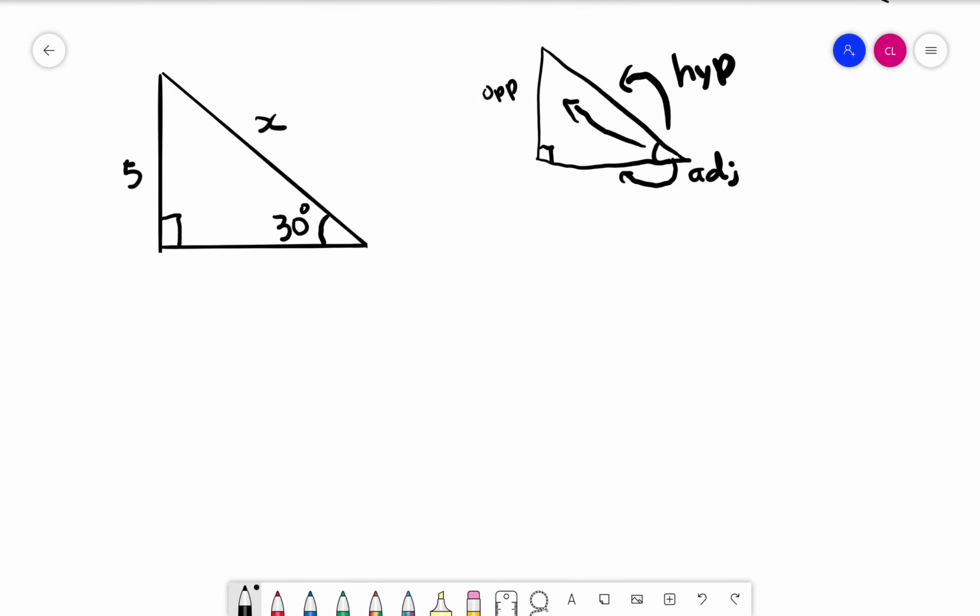And then to be able to do trigonometry, you want to learn this acronym, SOHCAHTOA.